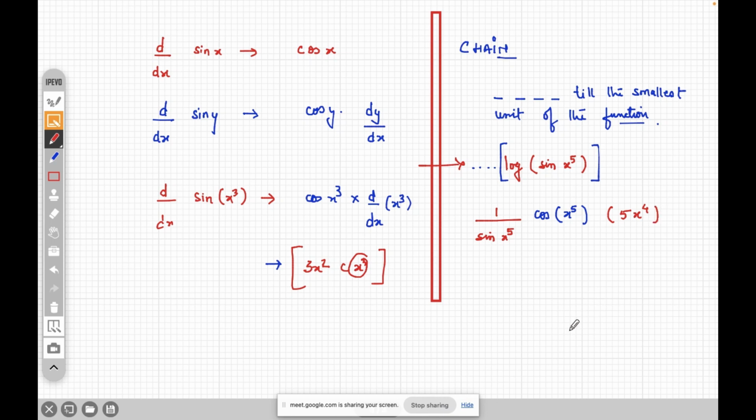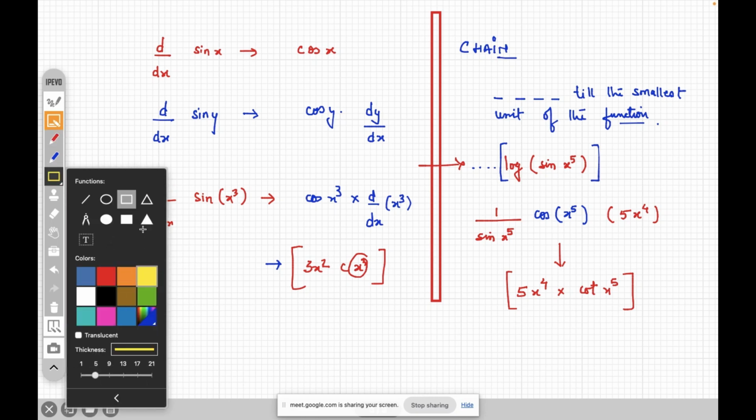Understood? And now there is no one. So my hammering is done. Yes or no? As per options, I may simplify this as 5 x to the power 4 into cot x to the power 5. I may, though my differentiation part is done here itself. Yes or no?